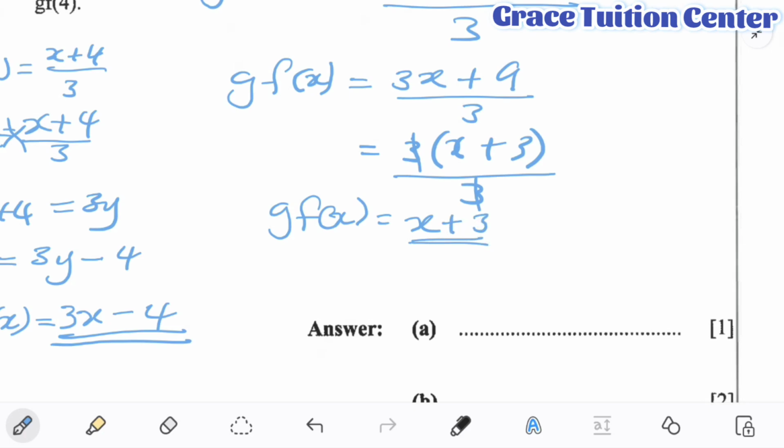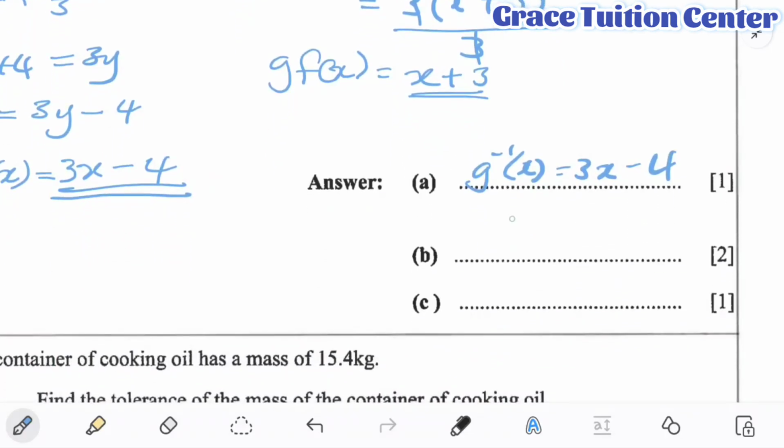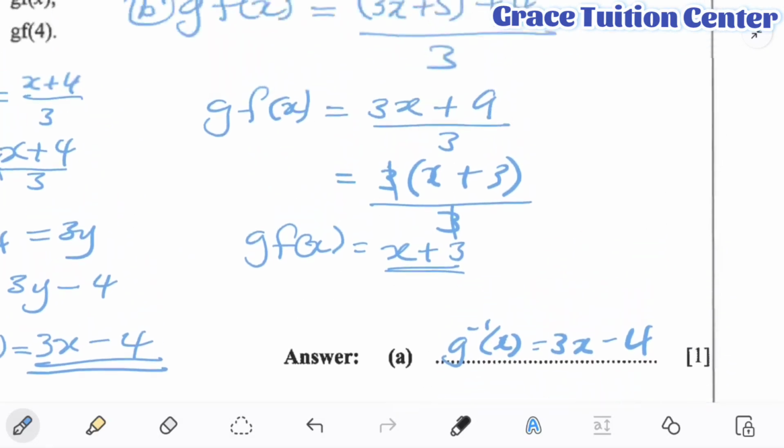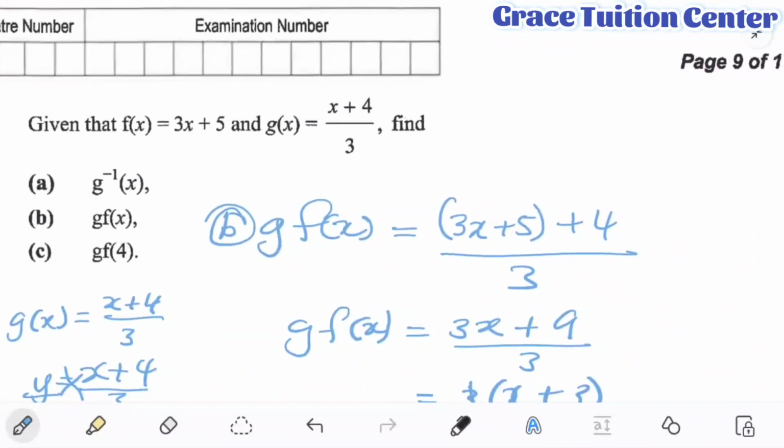Yeah, that's our gf of x. x plus 3. So here, our answer was g inverse of x is 3x minus 4. Here, we are finding gf of x equals x plus 3. Then the last part here, go back to our question, gf of 4.